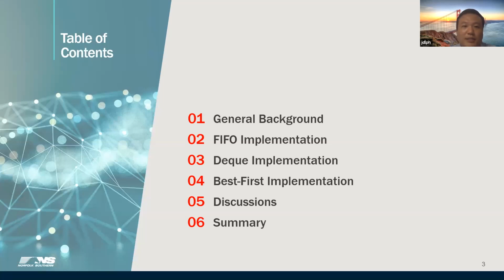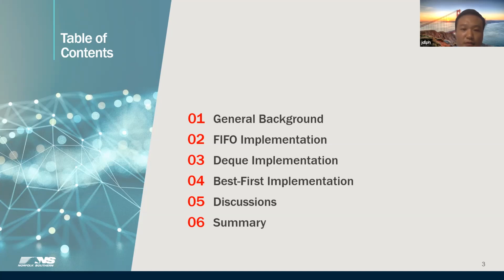So this is the guideline of today's presentation. It has 6 parts. In the first part, I will go over some general background information on shortest path algorithms. And then we will dive into the 3 specific implementations of the modified label correcting algorithm, which is one of the shortest path algorithms, and talk about how to build the implementations using different data structures.